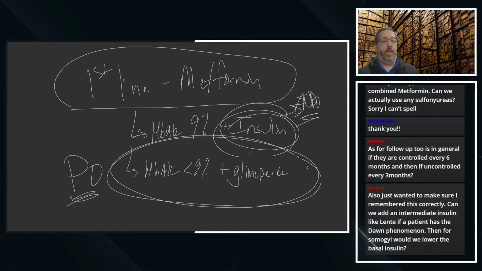So for those, the Dawn phenomenon and the Somogyi phenomenon, both of them you can lower the basal insulin, or you can go to an intermediate dose and do twice a day. You can do both. It's either one. Let me just pull up what I said though. That's in complications.